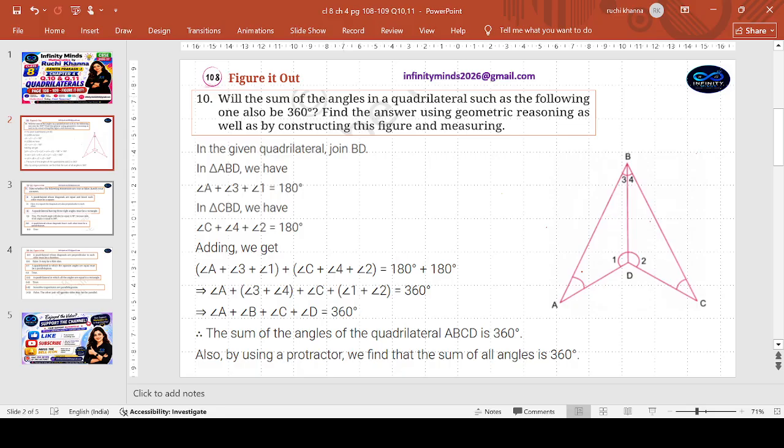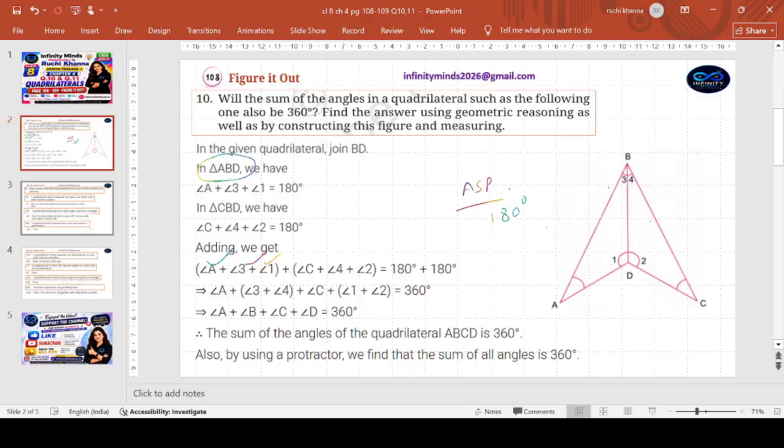Coming to this triangle, the angle sum property for a triangle says that the total of the three angles would be 180 degrees. So here angle A plus angle 3 and angle 1, from this triangle ABD, total will be 180. Similarly, one of the diagonals is able to divide the quadrilateral into two triangles.